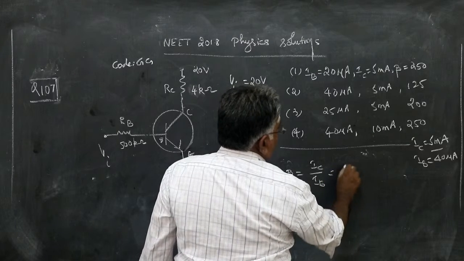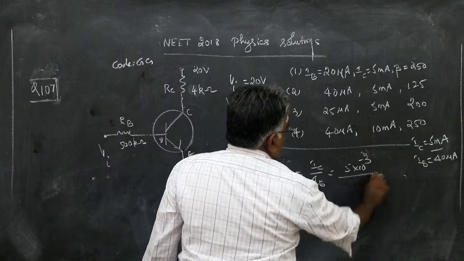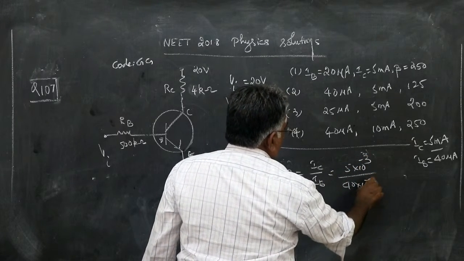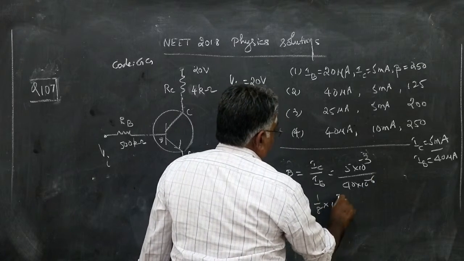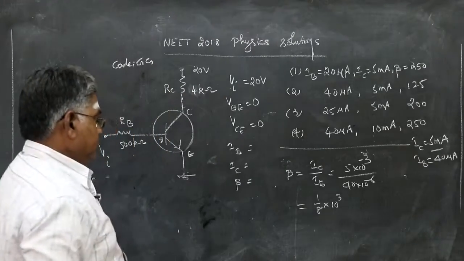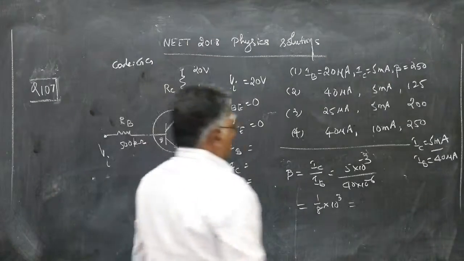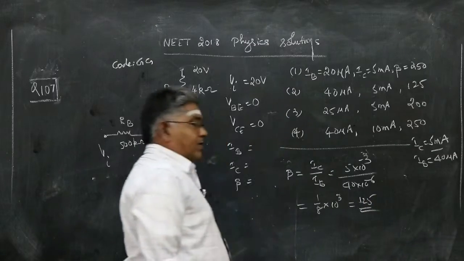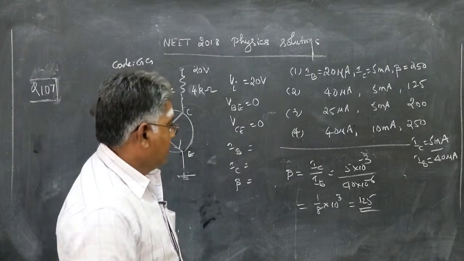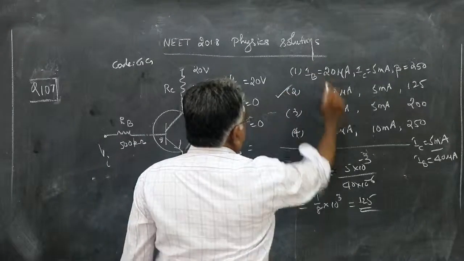What is IC? 5 milli. What is IB? 40 micro. So 1 by 8 into 10 power 3. When you simplify, you are getting 125. So beta will be 125. Therefore, option 2 is correct.